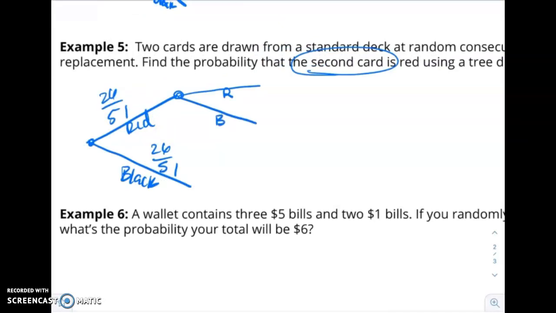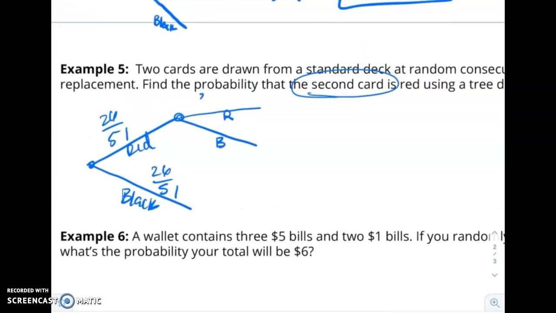So if I've already taken a red card, it's now going to be 25 out of, actually, wait, sorry, it's not 51, it's 52. Let's go back and change those. 52, 26 out of 52. I was already on to the next step. All right, so then I've got red and black. So now I've got 25 out of 51.